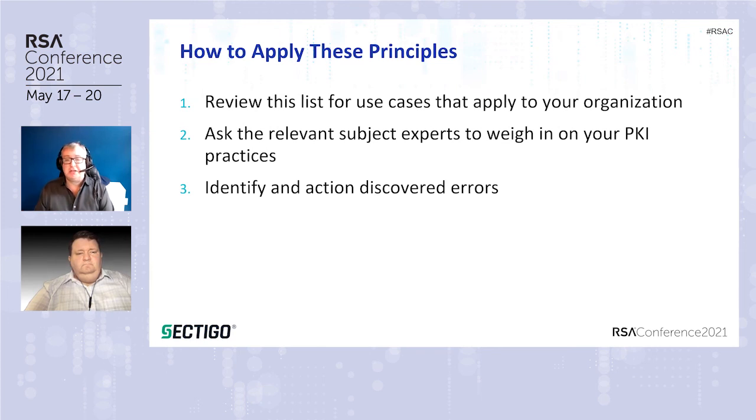And then we suggest that you make a project where you go to your internal SMEs and have them evaluate your practices in light of these common pitfalls, so you can identify things the easy way and fix them before you identify them the hard way when stuff stops working. And this is something you can go work on right now.